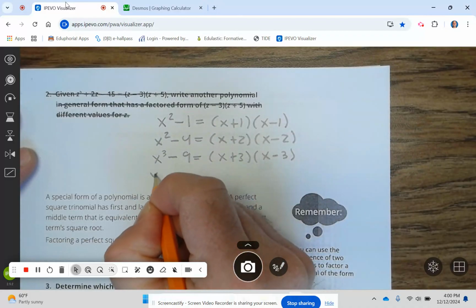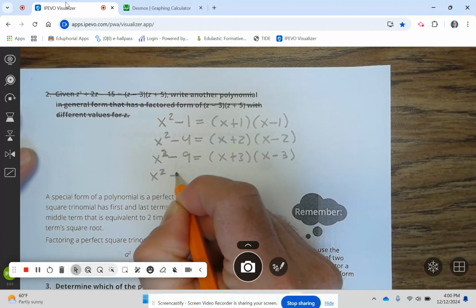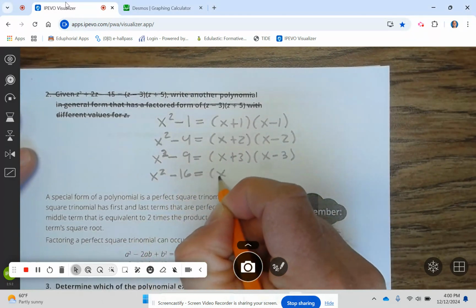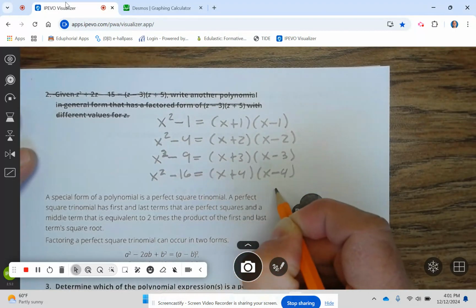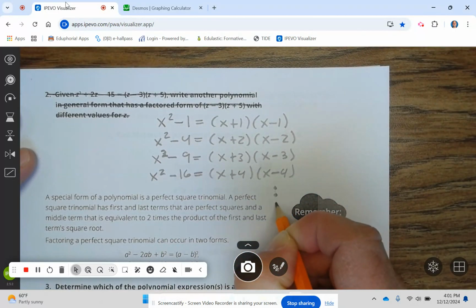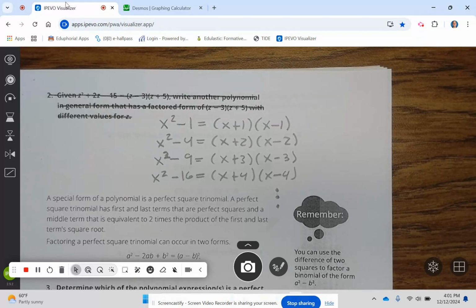And then, oh, that should be a 2. X squared minus 16 equals x plus 4, x minus 4. And then you can just dot, dot, dot. We can keep going on infinitely. Okay? All right. Go ahead and write that down.